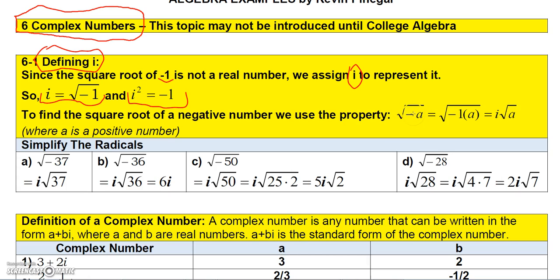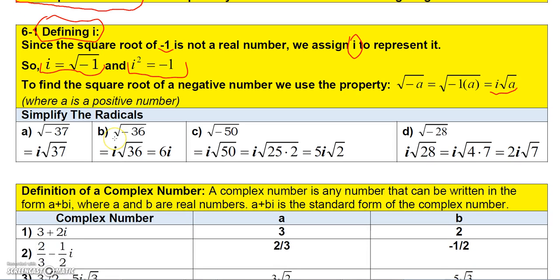Therefore, when I do negative a, I'm truly getting a negative number. So the square root of negative a is the same as the square root of -1 times a, where a is a positive number. And we know the square root of -1 is i, so I can take that out of the radical as i times the square root of a.